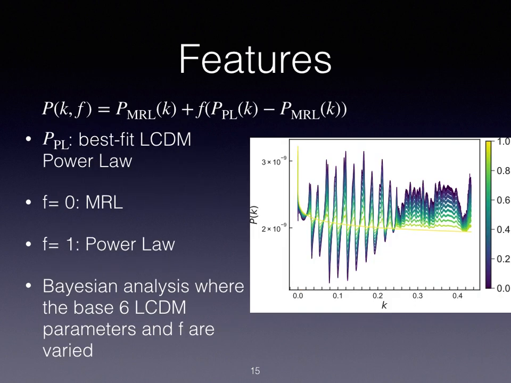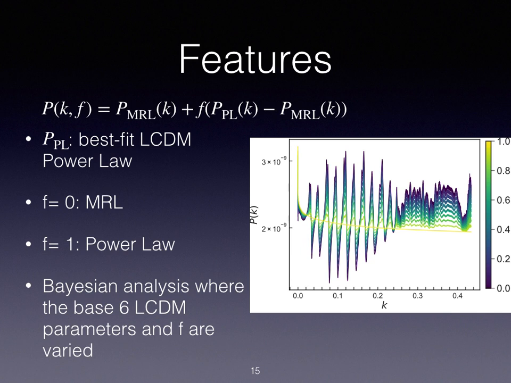The reconstruction itself is basically only exploring 2 points in a parameter space, so we want to generalize it. To do so, we take the reconstructed primordial power spectrum from the MRL algorithm and the best fit power law primordial power spectrum from the lambda CDM model and interpolate between them. We can do this while varying the background parameters as well.